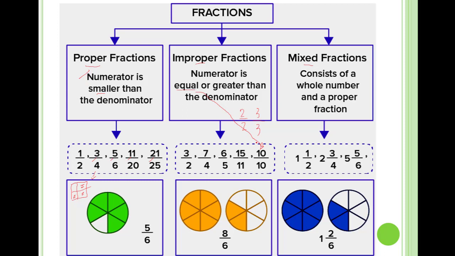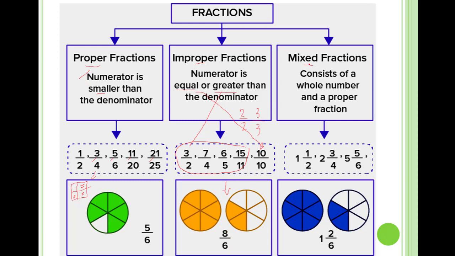So that means the numerator is equal to the denominator, and the other side is greater than the denominator, which is an example for this whole illustration, which is 3 over 2, 7 over 4, 6 over 5, 15 over 11. And a good illustration for this is 8 over 6.